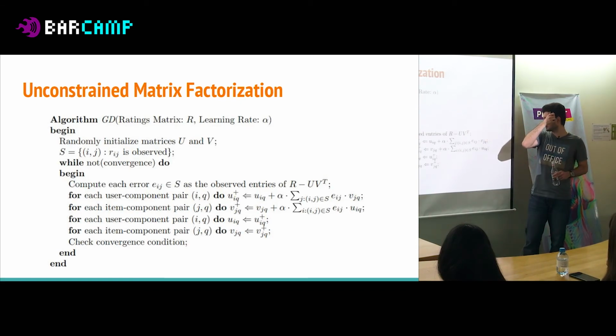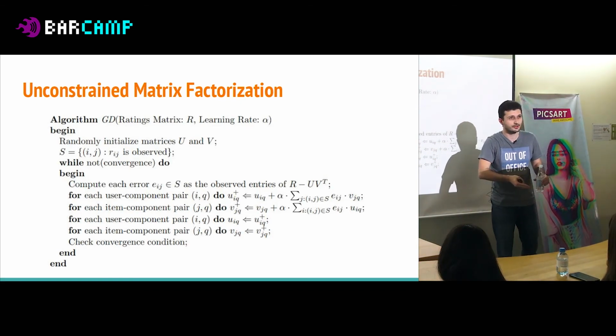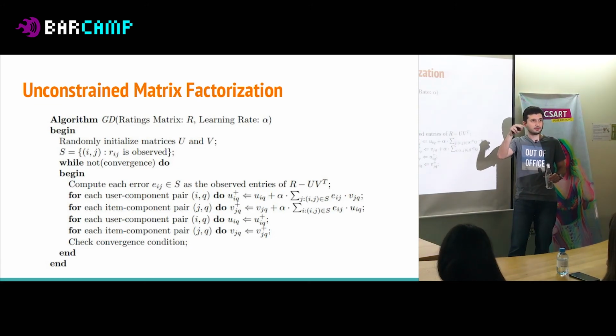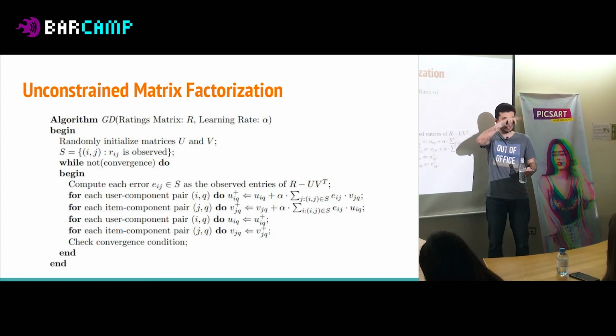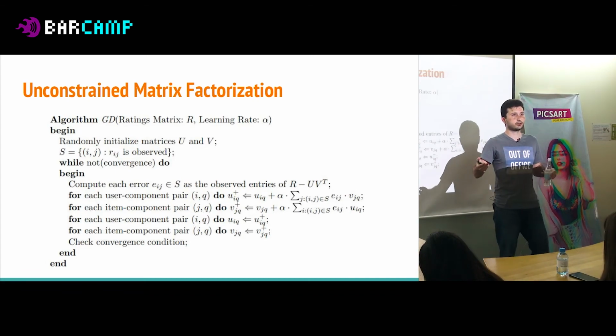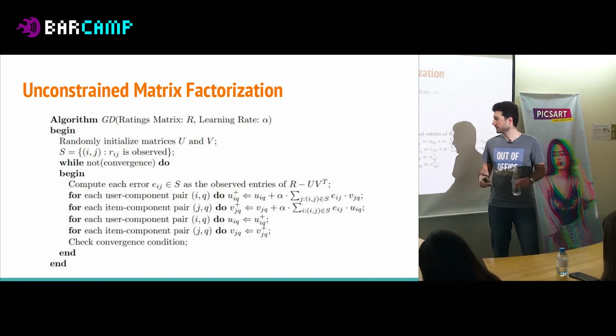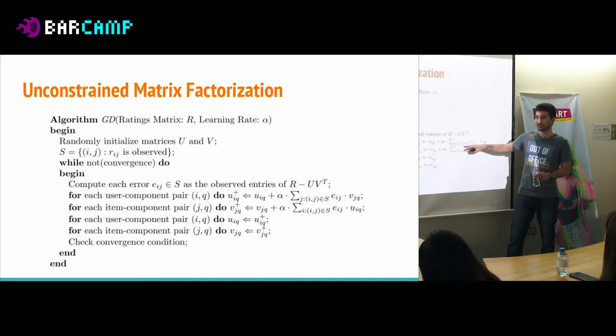And then for every user component pair, if we have M users and K components, and for every item component, if we have N items and K components for this N by K matrix, we will do this update.